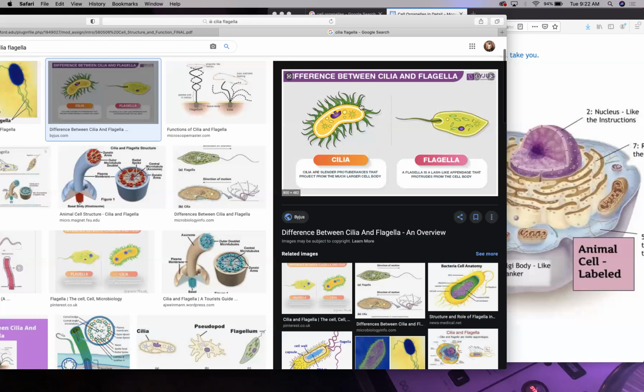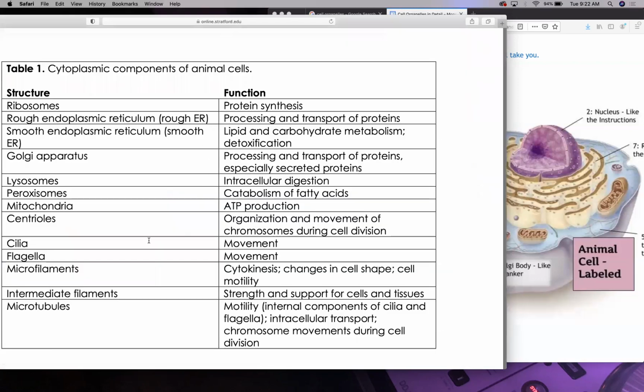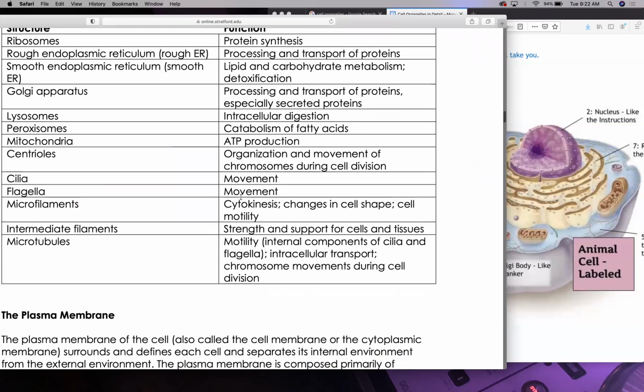So there's two different types of movement. Cilia, think like hair-like processes around the cell, and flagella, think some sort of tail. And if you've ever heard the word flagellation, flagellation is like a whip. It's for cell movement, because sometimes the cell as a whole has to move around.